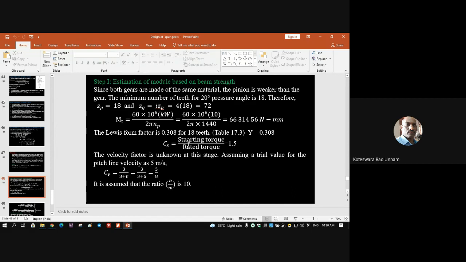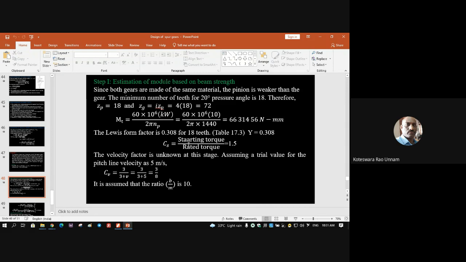ZV is the virtual number of teeth. Alpha is the pressure angle, alpha is equal to 20 degrees, standard value. Beta, sigma B, sigma C again. Then psi, ratio of face width to center distance, B by C. Psi M, phi, progression ratio or step ratio. Like that, he has given the notations or symbols.